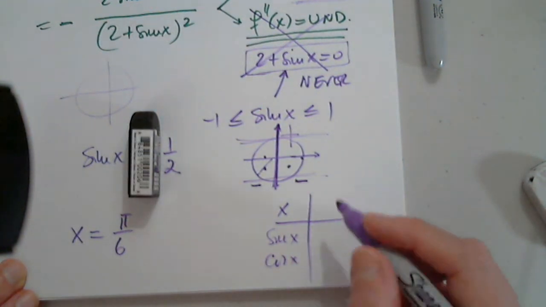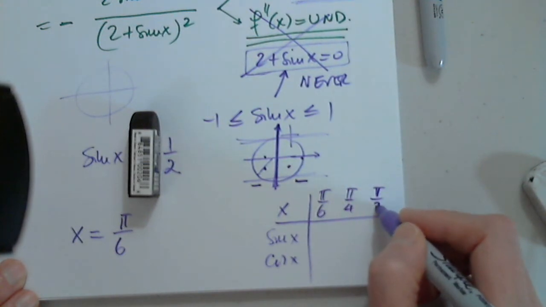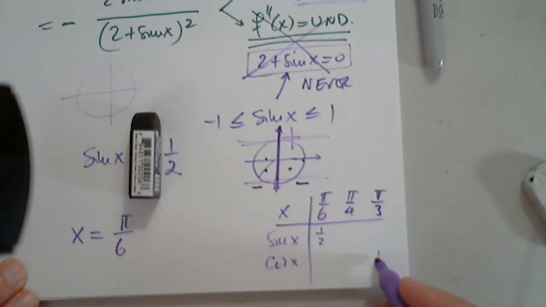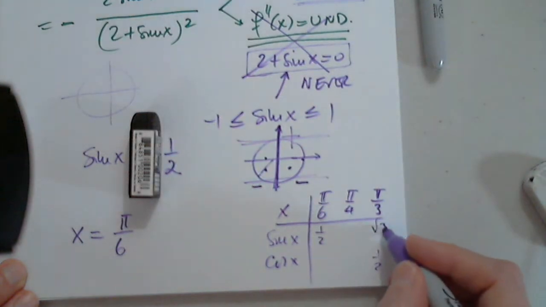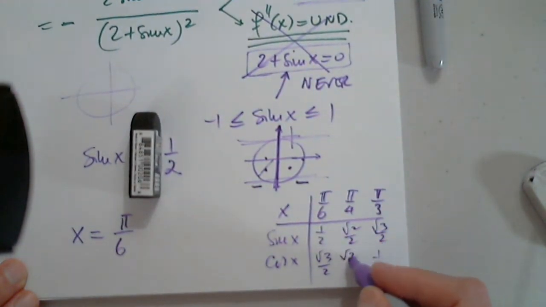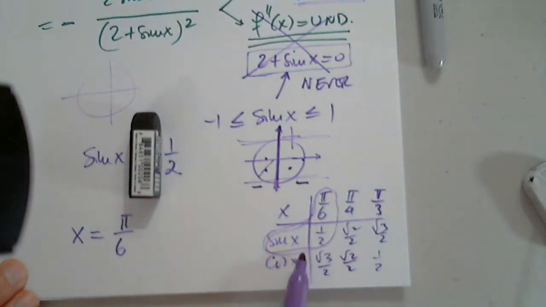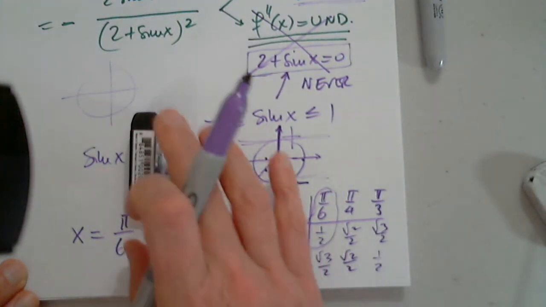Pi over 6, pi over 4, pi over 3. Sine: 1/2, square root of 2 over 2, square root of 3 over 2. The smallest with sine is always 1/2. And that's all you need to remember, because the rest should come to you.